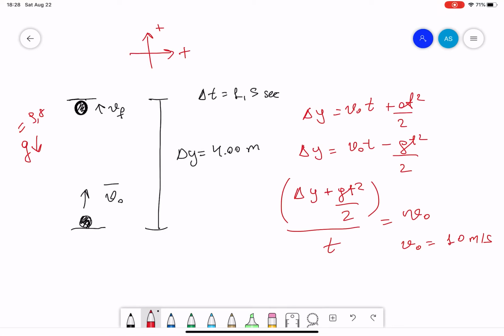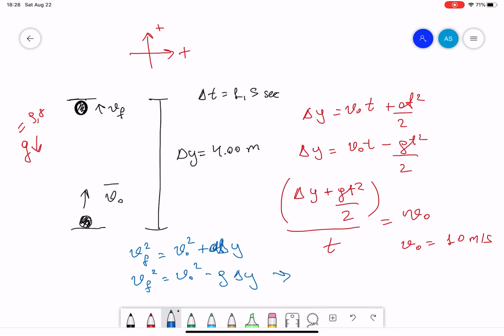Now let's find the final velocity. The final velocity can be found by this formula: v final squared is equal to v initial squared plus a delta y, but since in this case a is negative g, we can say v final squared is equal to v initial squared minus g delta y.